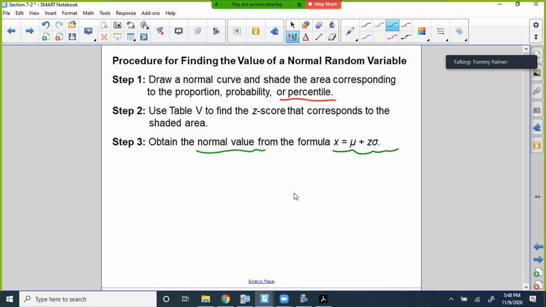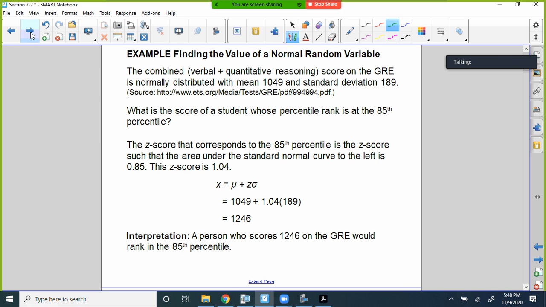That's an X. The z-score was negative something. If you take the mean plus the z-score times the standard deviation, you come back out with the actual value that means something, some X value on the graph.